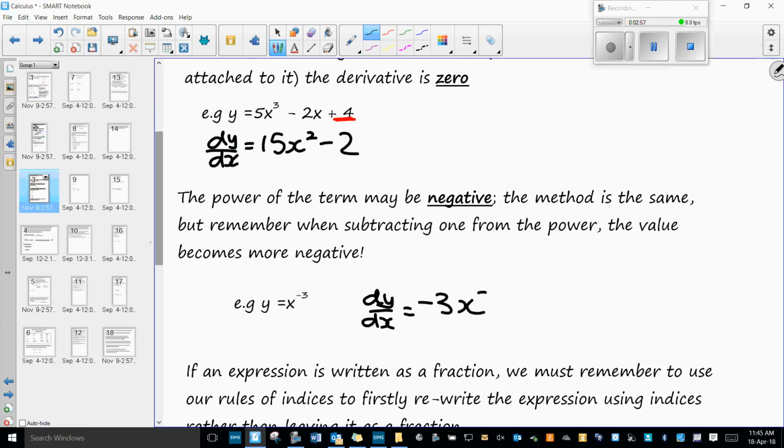Nice. I think you said 1. No, that's not possible. Okay, we good? So the power came in front, the power is negative, so the whole term is negative, and the power became more negative.